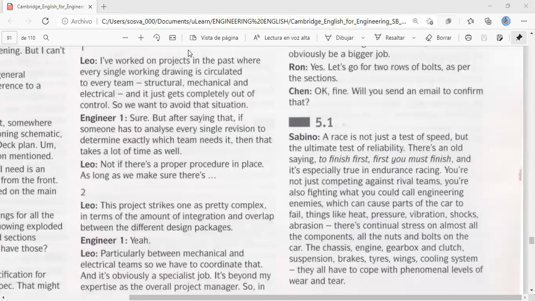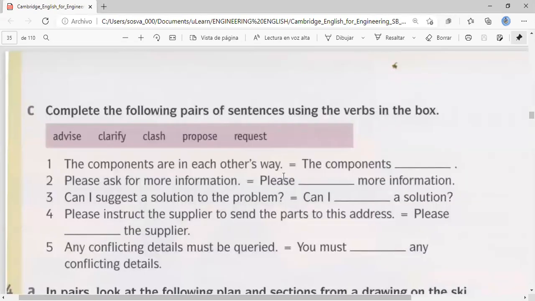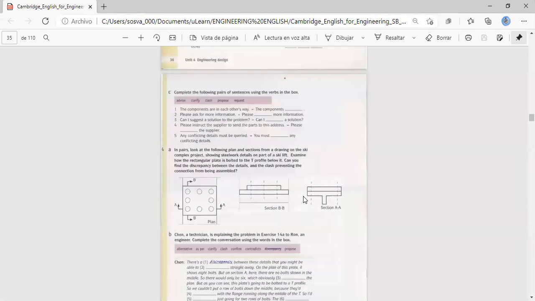Things like heat, pressure, vibration, shocks, abrasions. There is continuous stress on almost all the components, all the nuts and bolts on the car, the chassis, engine, gearbox and clutch, suspension, brakes, tires, wings, cooling system, they all have to cope with the phenomenal levels of wear and tear. Okay, good, very good.